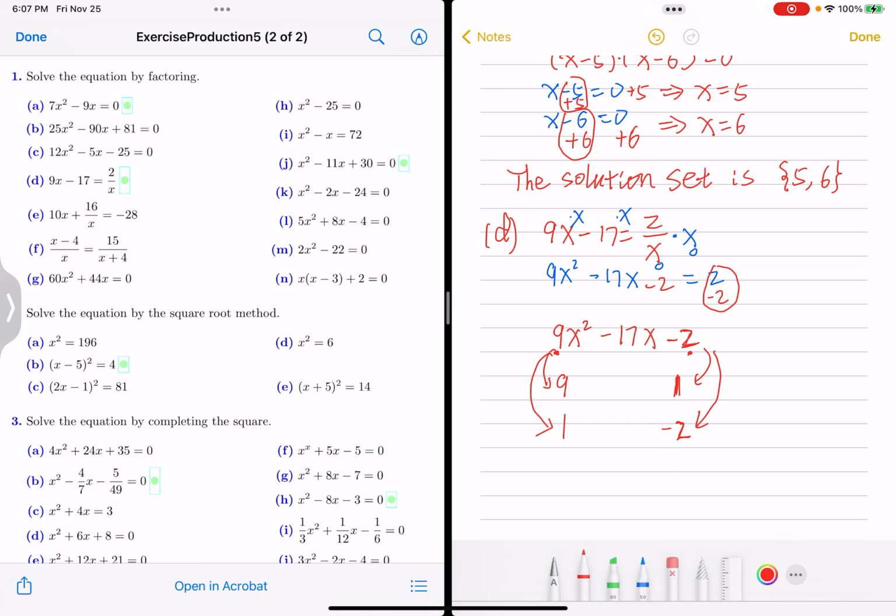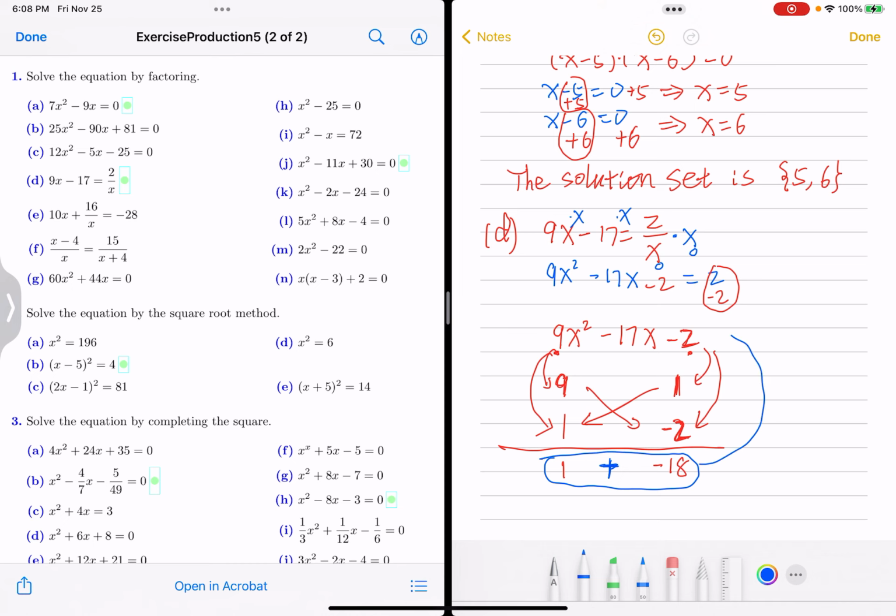Okay. So then you will do the cross multiplication. Then you have negative 2 times 9, you have negative 18. And 1 times 1, then you shall have a 1. Add those two together.